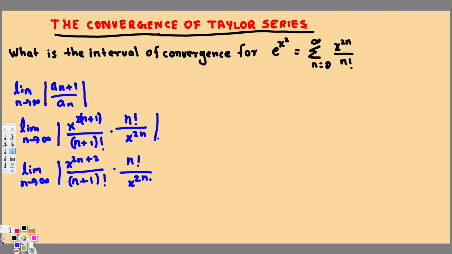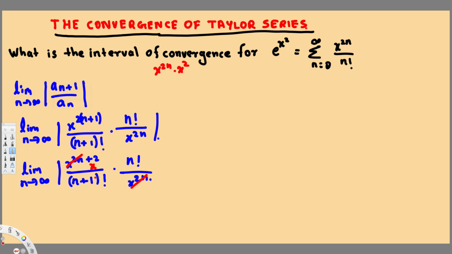You can see that x power 2n and x power 2n cancel out, so we are only left with x power 2 right here, because x power 2n plus 2 is the same as x power 2n times x power 2. If we cancel this, x power 2 will remain.